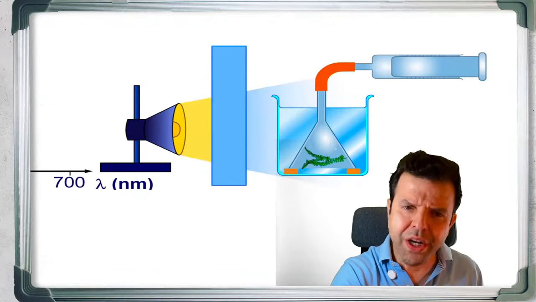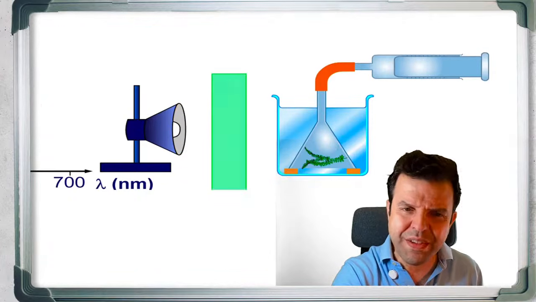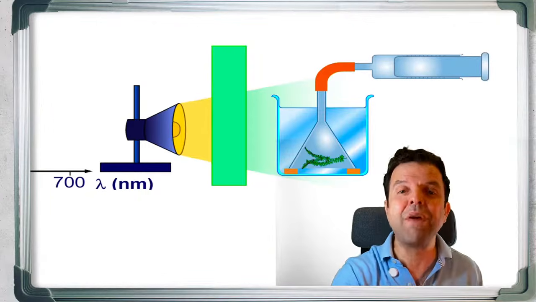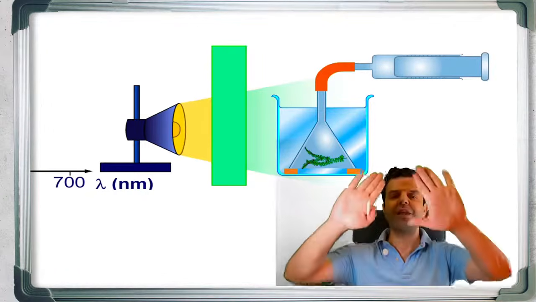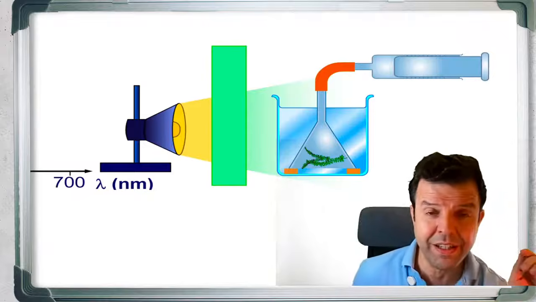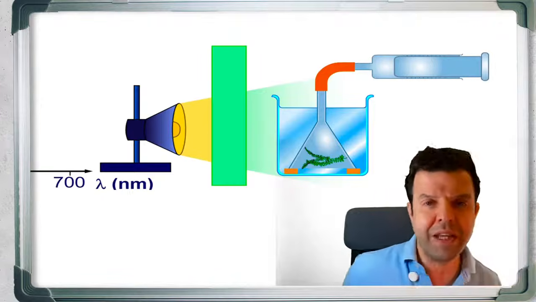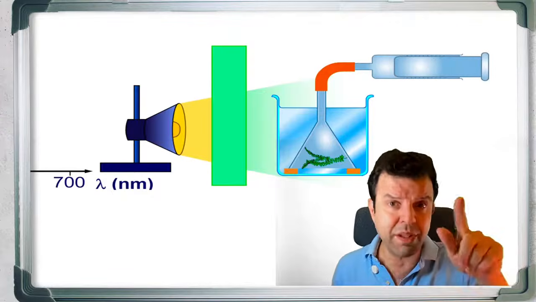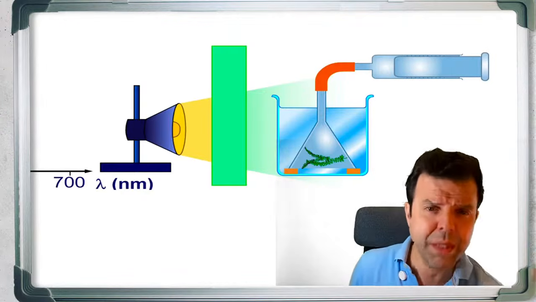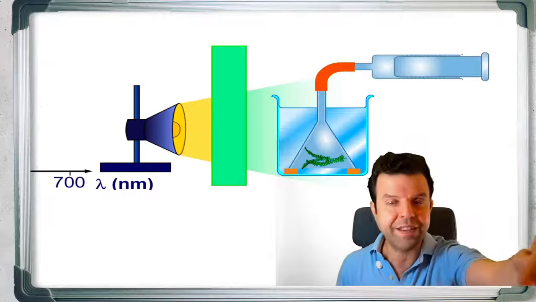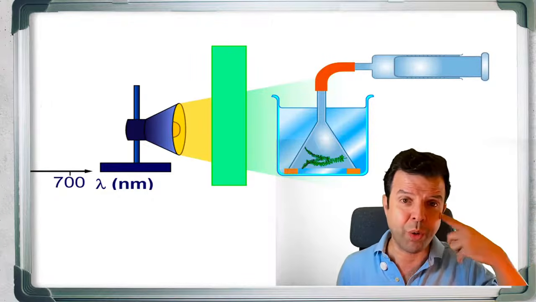In blue, I still got a lot. When it's green, it's not doing any photosynthesis, meaning the plant is reflecting the green. And if you reflect a color, you will appear in that same color. The reason why plants are green is because they are reflecting the green light to our eyes.